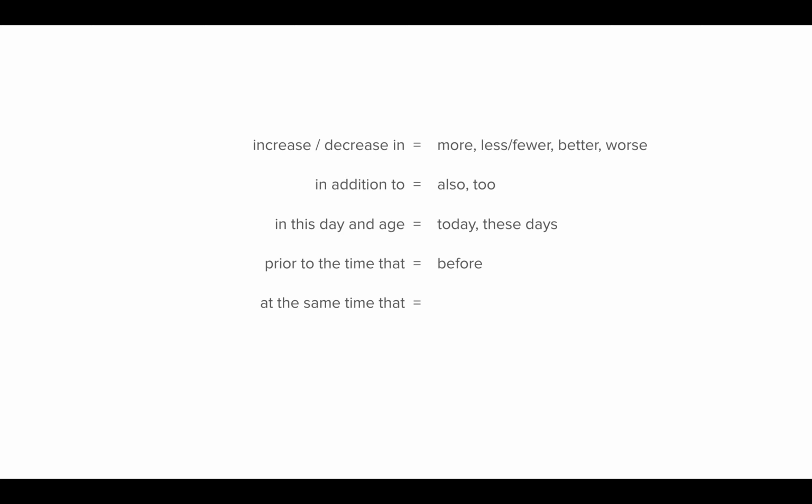Or at the same time that, this could be during, or while, maybe meanwhile. In order to. You may have heard this one before. In order to. Guys, I don't think there's ever a need to use the phrase in order to. This could always just be to.